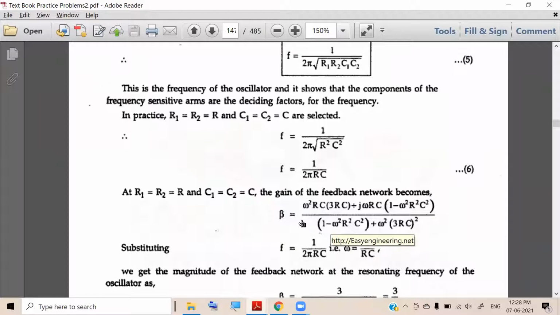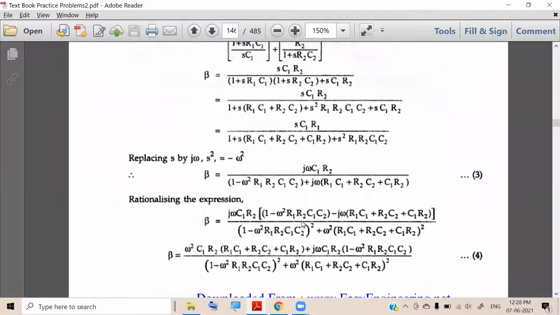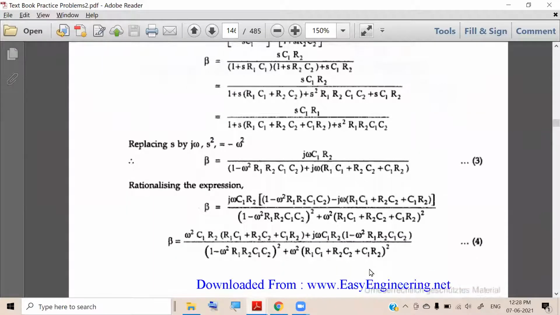Now let us look at the imaginary part of the numerator.